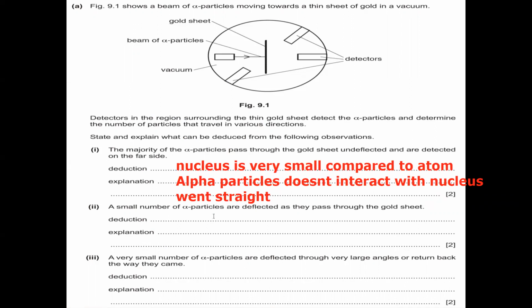Then the second one, a small number of alpha particles are deflected. Why does this happen? It shows that the nucleus is charged.